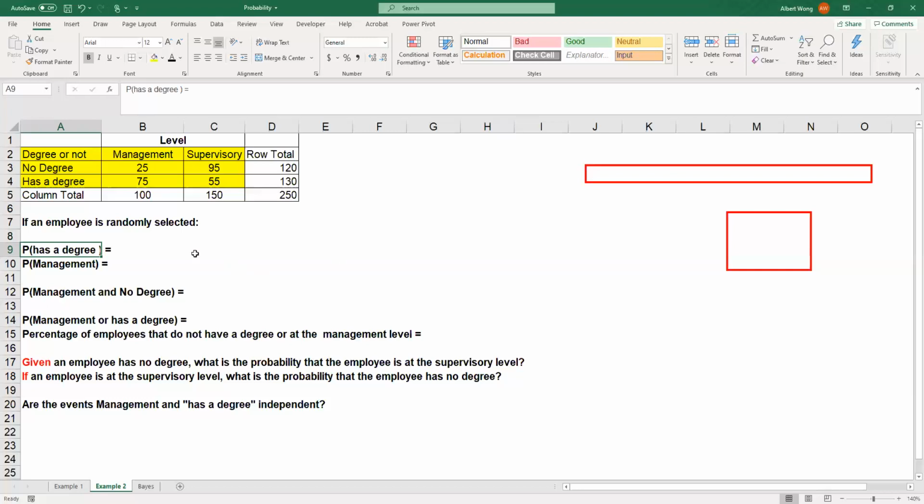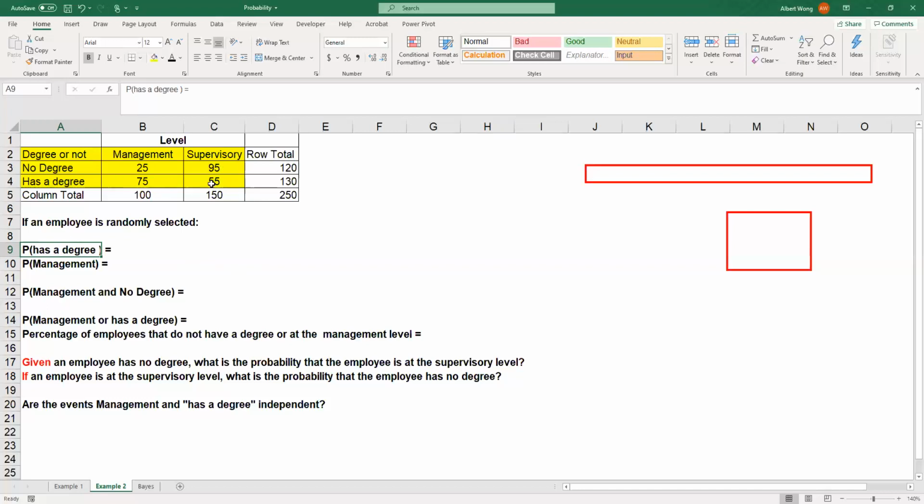The first probability that we want to calculate is the probability that an employee has a degree if he or she is randomly selected from the company. And this probability or percentage would be estimated using this sample. So how do we do that? Well, out of the 250 employees selected, how many of them have a degree?